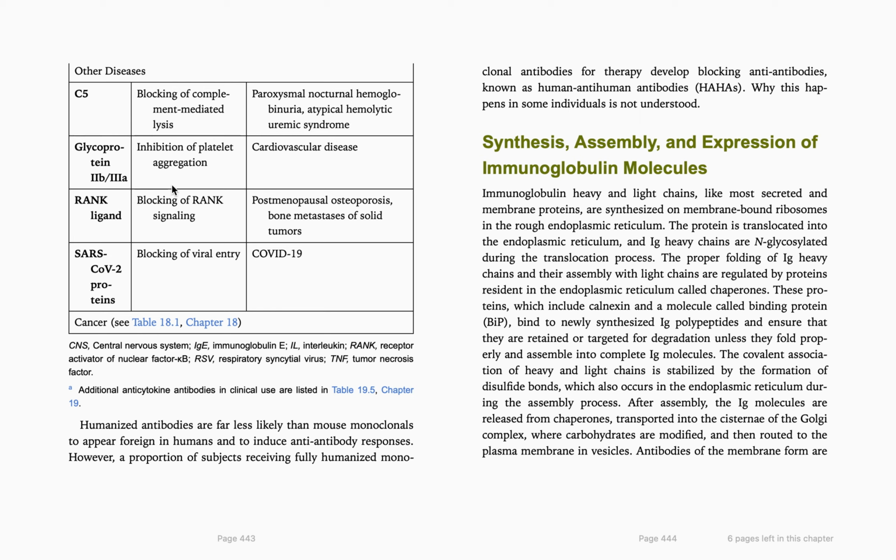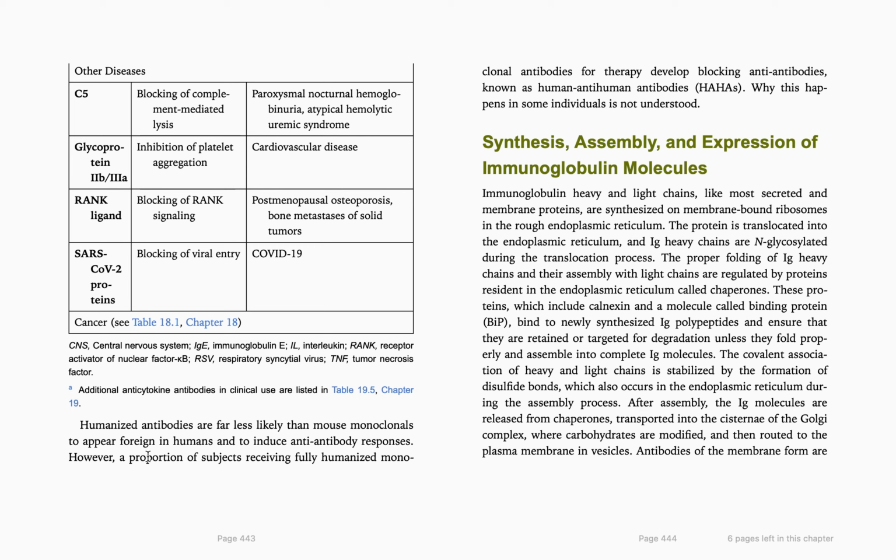Glycoprotein IIb/IIIa is an inhibitor of platelet aggregation used for cardiovascular diseases. RANK ligand, blocking RANK signaling, is used for postmenopausal osteoporosis and bone metastasis of solid tumors. And SARS-CoV-2 spike protein, blocking viral entry, is used for treatment of COVID-19. So about cancer, we'll see it in chapter 18.